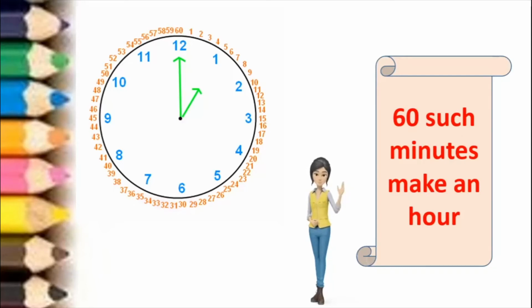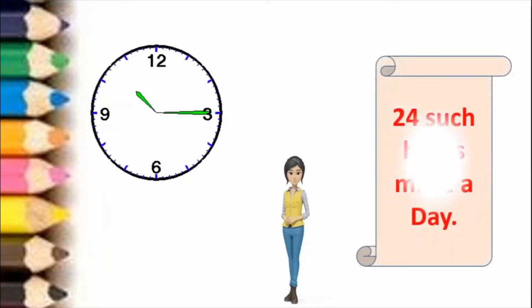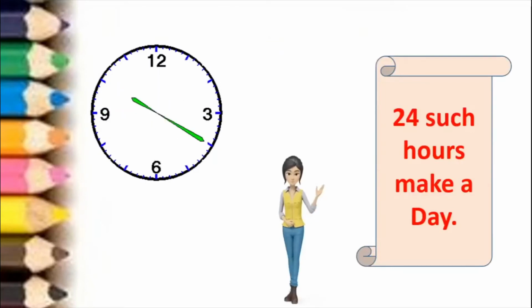So 60 minutes make 1 hour. And then you have 24 hours, which makes a day. Alright, so the clock goes round twice, and then you have a day. So this is how time is measured.